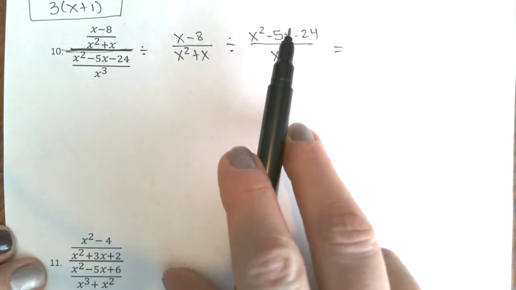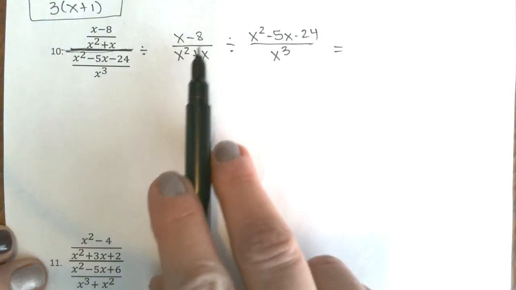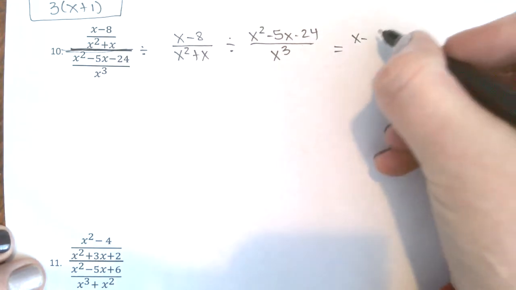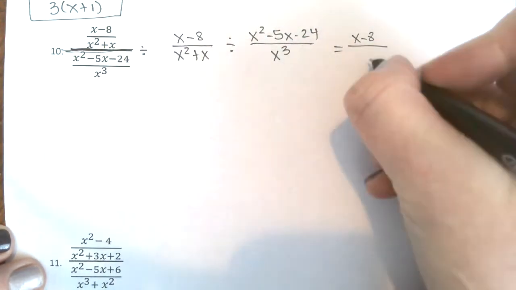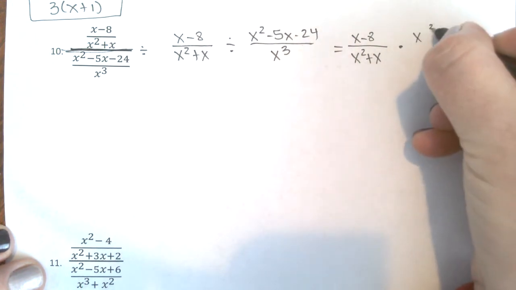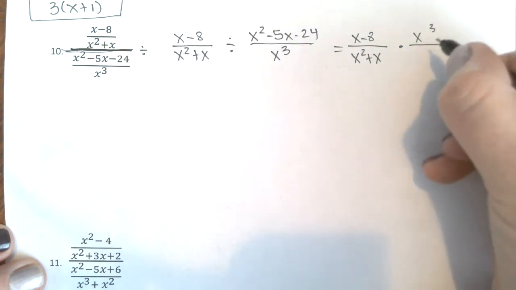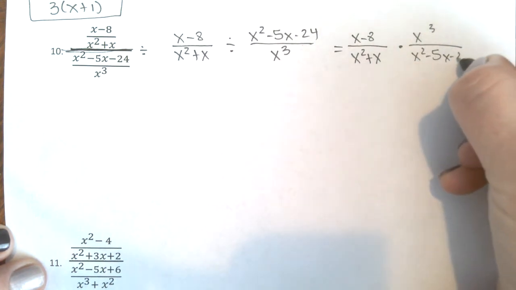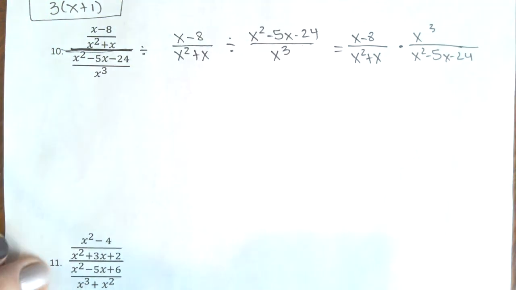Now, I'm going to fix this first before I move forward. I'm going to multiply by the reciprocal. So this first fraction doesn't change. And the second one, I'm going to flip it. All right.